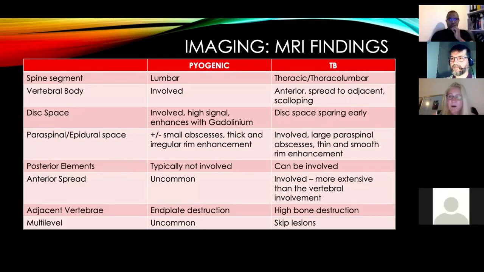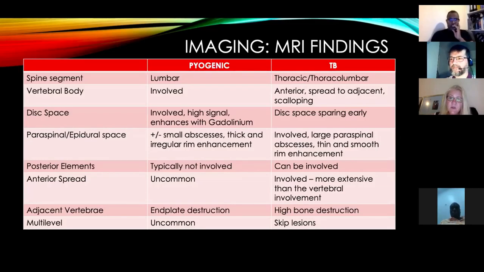If you're looking in the paraspinal and epidural space, then you may find small abscesses with a thick and irregular rim enhancement. In TB, you'll have large paraspinal abscesses with a thin and smooth rim enhancement. The posterior elements are typically not involved in pyogenic, but can be involved in TB. Anterior spread is uncommon, but it's quite common in TB and can be more extensive than the vertebral involvement.